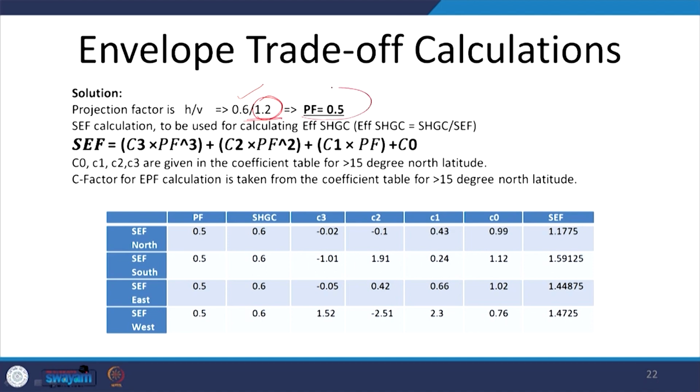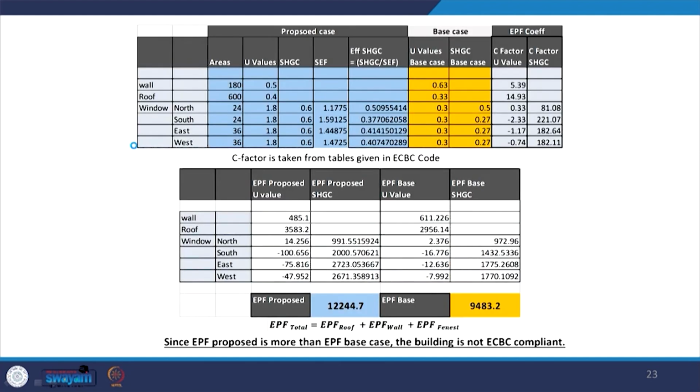So, we calculate the projection factor as 0.5. Based upon the tables, we will obtain the coefficients. Substituting this projection factor here, this is the table which shows how the SEFs from the tables have been obtained, and we calculate the effective SEF, the total SEF.